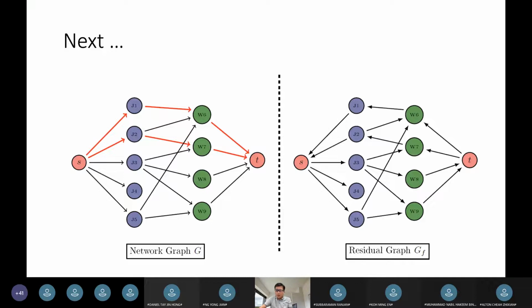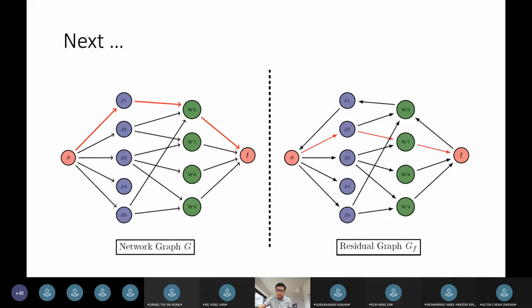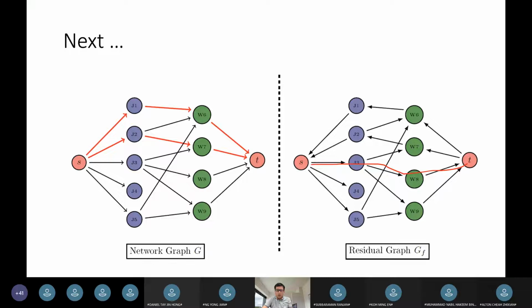Now we look into the residual graph. Is there any additional path? You can see there is, from S to T. For example, S to J3, J3 to W8, and W8 to T. A new one. So what do we do? We update it in the original graph.